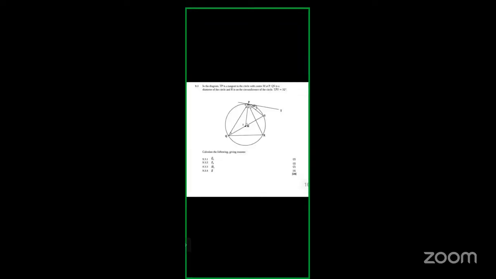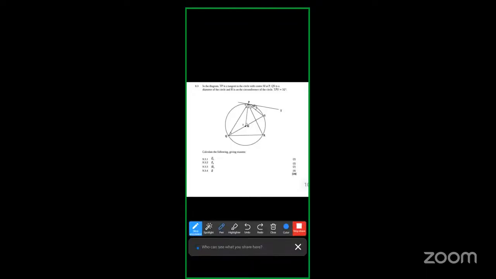Yes, there is a diameter, QS, and that implies something. When you go to this triangle, that implies that this angle right here is 90 degrees, reason being angle in a semicircle.